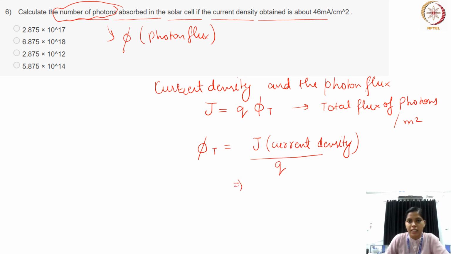The value of current density is 46 milliampere per centimeter square. So we'll convert it into ampere, 10 to the power minus 3 ampere, and divide by 1.6 times 10 to the power minus 19. Also you can see that it is given per centimeter square, so we'll convert it into meter square so that we can multiply it with this value.